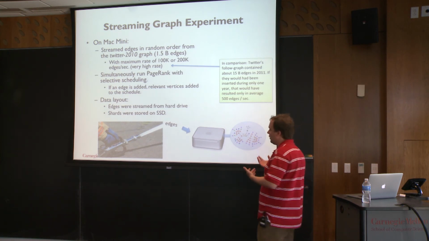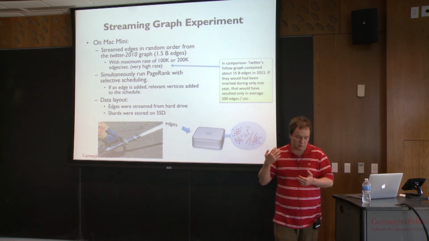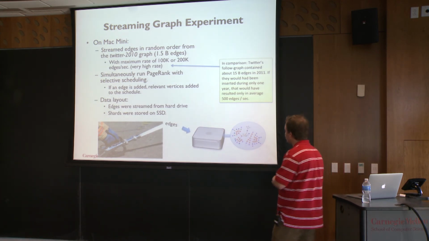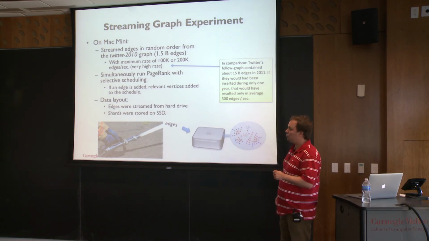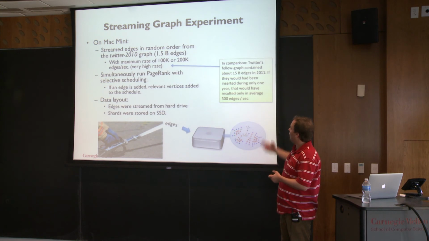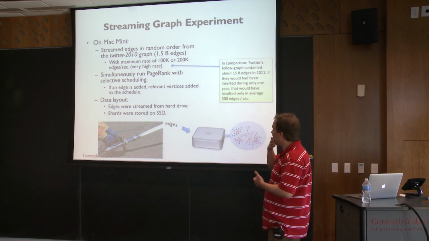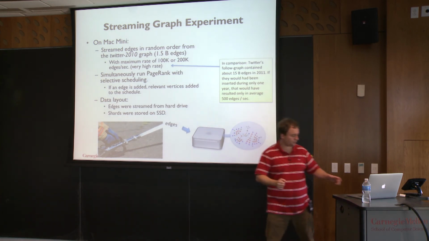So you could think about, like Twitter could do something like this, to keep the list of the most influential users updated all the time. I have to say this 100K and 200K edges per second, it's quite a high rate. I think in Twitter, probably the real rate of adding followers is some hundreds of edges per second.